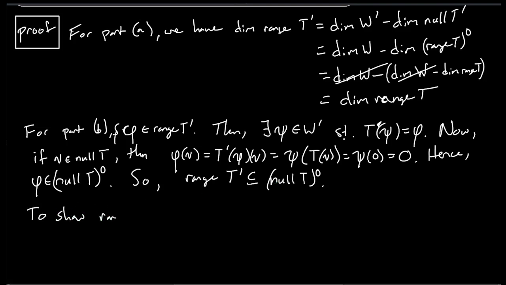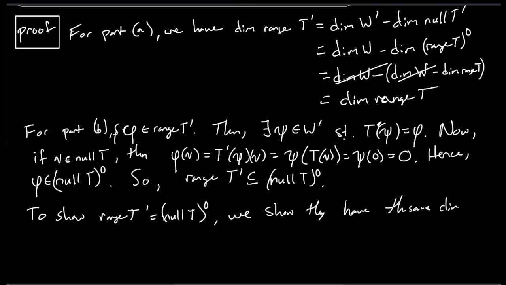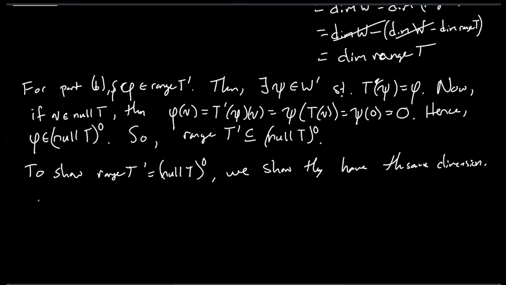To show that the range of T prime is equal to the annihilator of the null space of T, we show they have the same dimension. Okay, so how can we do this?